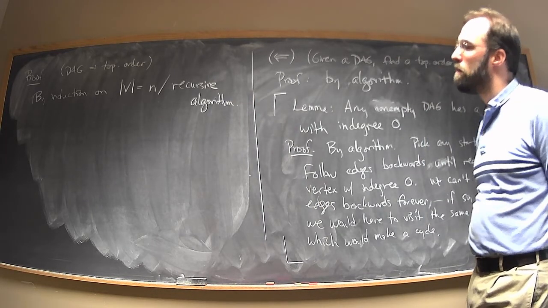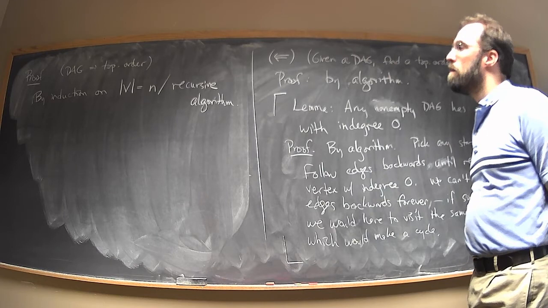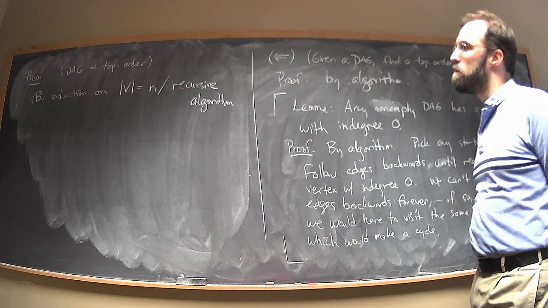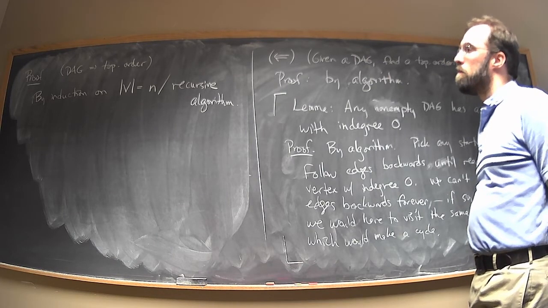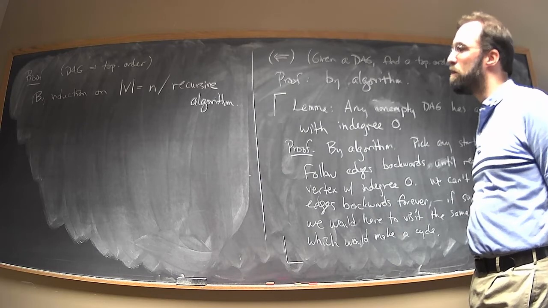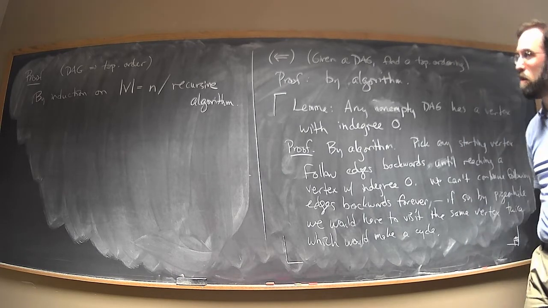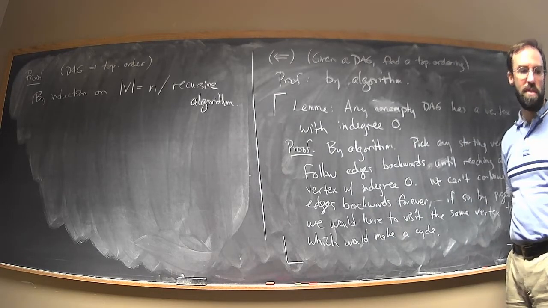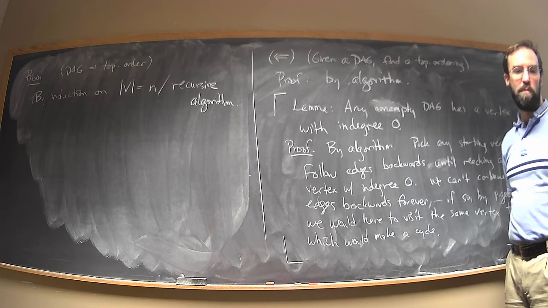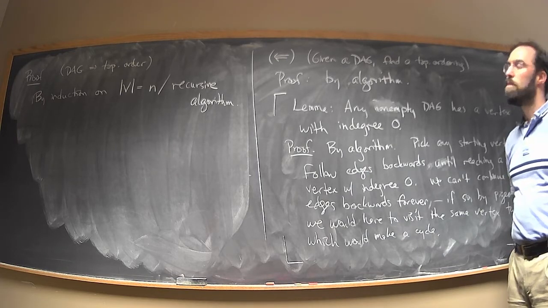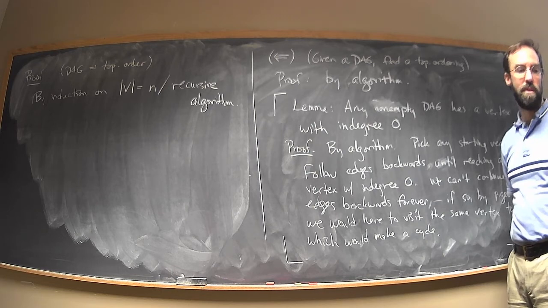Some of you maybe have heard me talk about this before. Some of you have taken functional programming with me and know what I'm talking about, but induction and recursion are really the same thing. A proof by induction and a recursive algorithm are in some sense exactly the same.